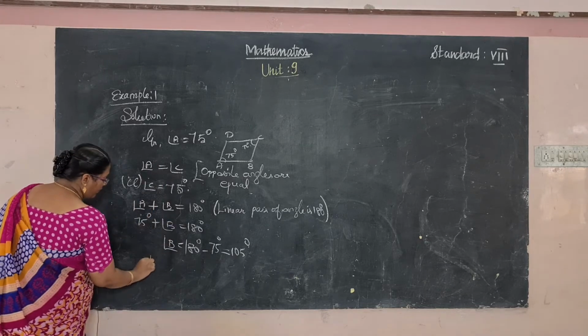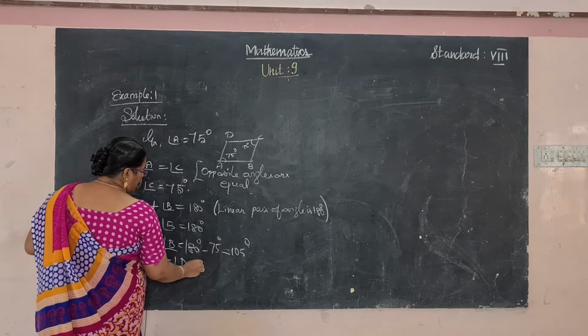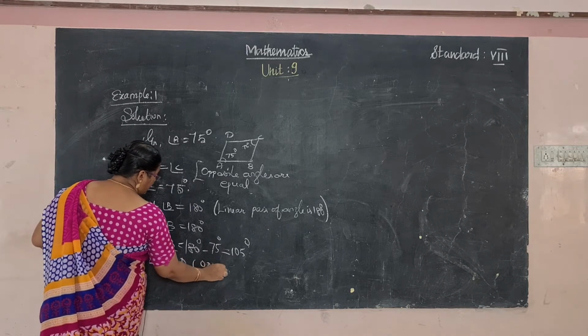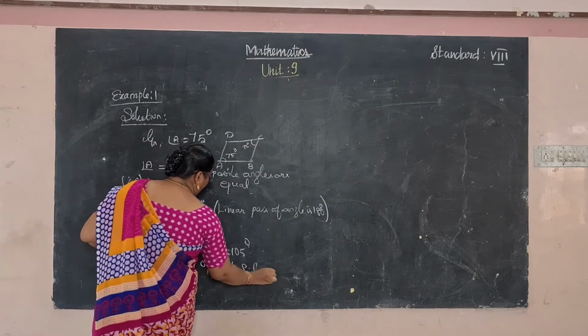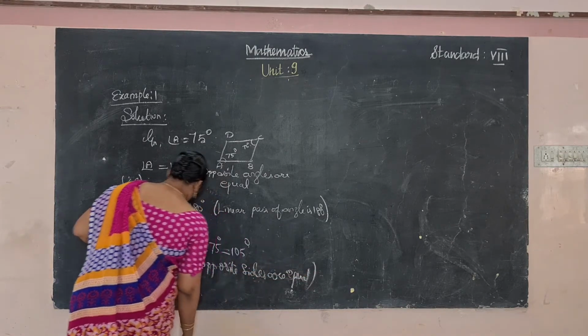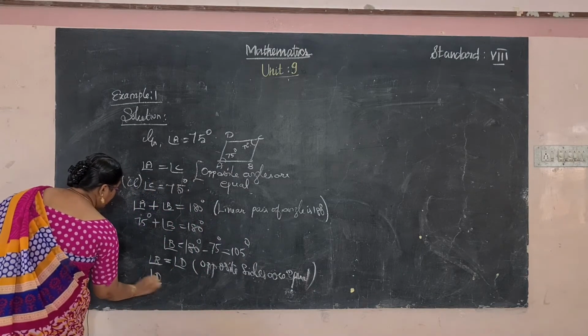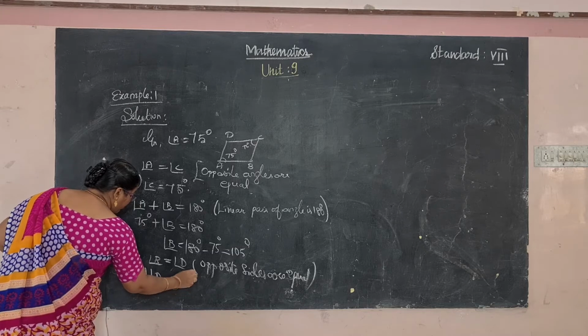Opposite angles are equal. So angle B is equal to angle D, since opposite angles are equal. So angle D is 105.